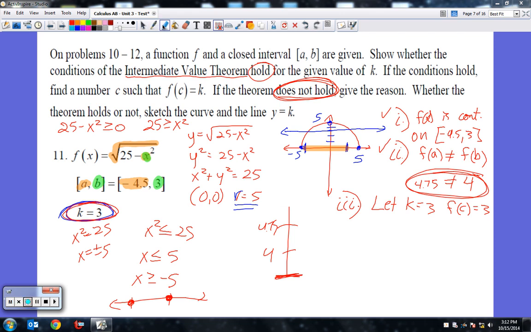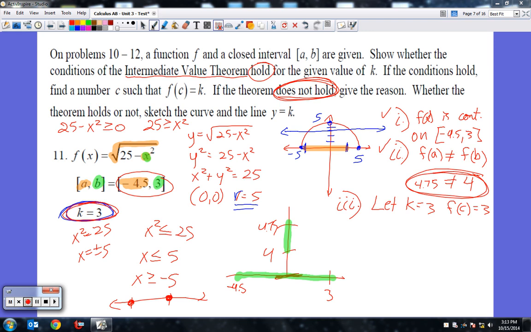By the intermediate value theorem, I must first assign a k that exists between those two values. Then I can see how it would yield an x between negative 4.5 and positive 3. Because I'm not given a k, a y value that exists between those two values, as far as the established a and b values, the theorem does not hold.